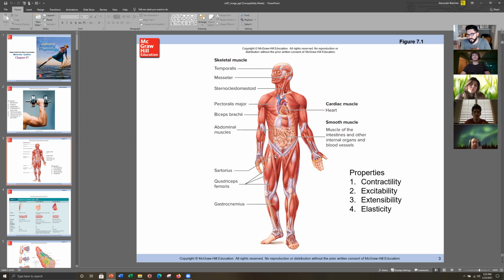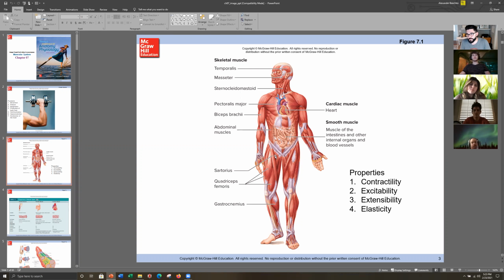So extensibility, and elasticity is kind of the opposite of extensibility. Is the muscle able to resume its original resting length? So extensibility and elasticity look similar, but are not technically the same thing. Elasticity is how easily this tissue can resume its original structure, its original starting length after we've stretched it out.